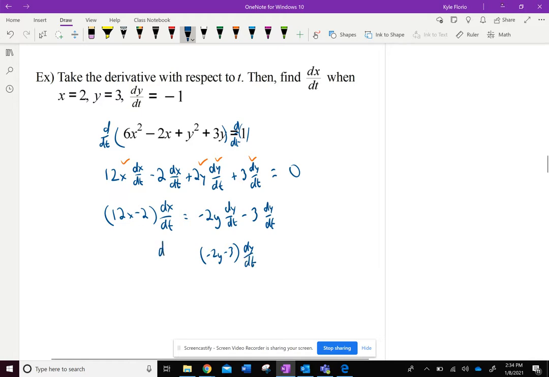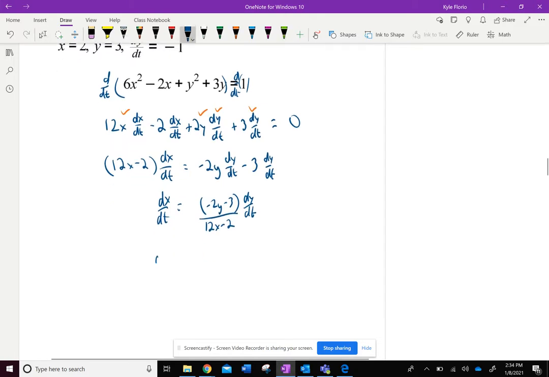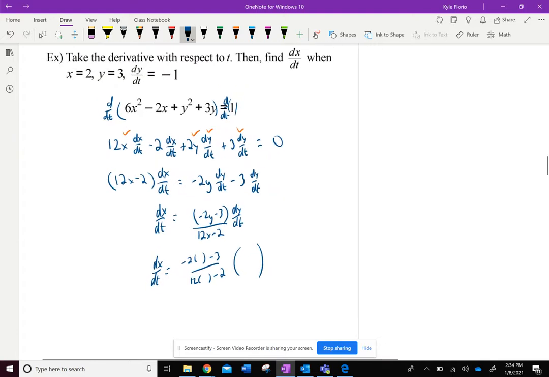And to get dx/dt by itself, we would just divide both sides by the 12x minus 2. And now I'll just plug everything in. So I'm asked to find dx/dt, and it's going to be negative 2y minus 3 over 12x minus 2 times dy/dt.